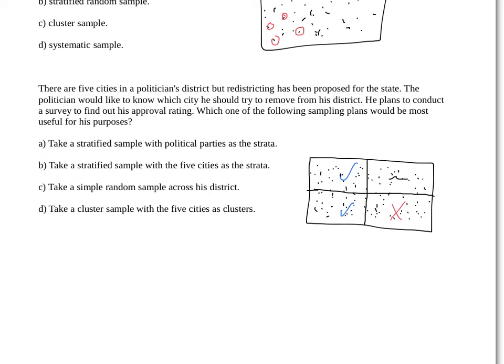Let's talk about how that's different from these other two. So, take a simple random sample across his district. It's like what I was talking about before. He'll just randomly select people from all over the district, and then he's just going to combine all those results. He won't have any information about which city is liking him more or not.